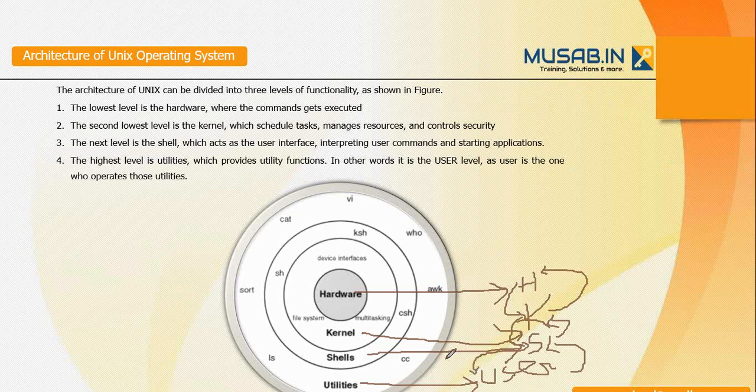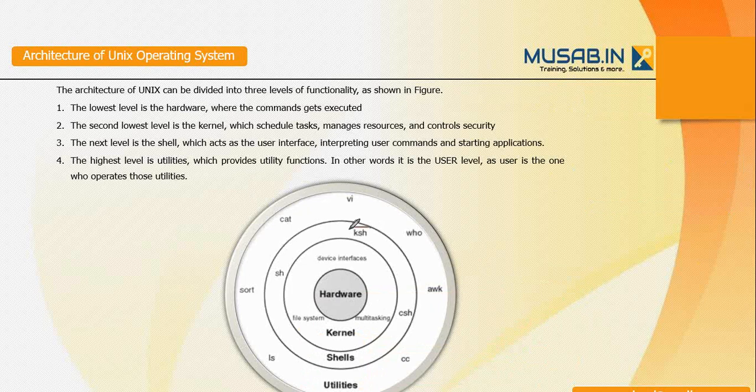So this is how your commands would work. User to shell, shell to kernel, kernel to hardware. Then hardware will reply to kernel, kernel will convert into user language and display on shell and give it back to utilities.